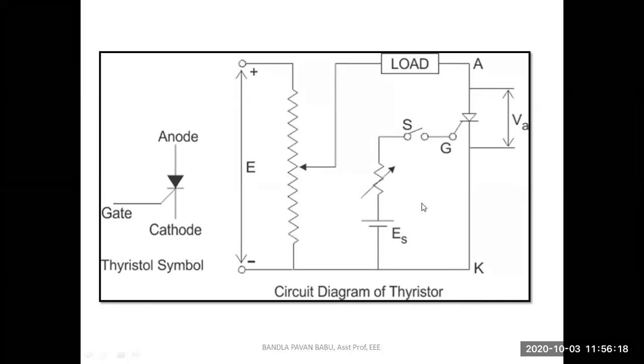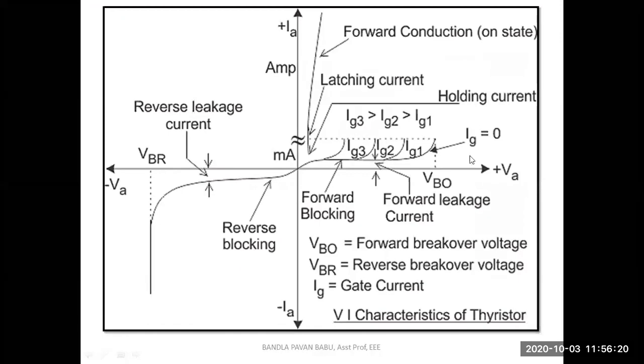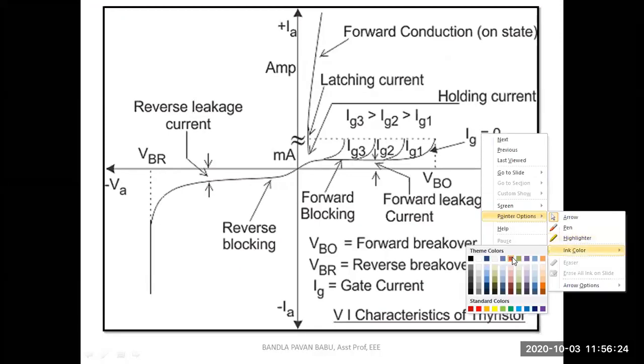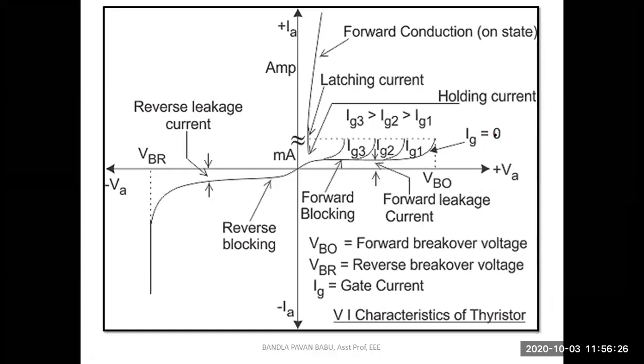If IG is equal to 0, it may not reach the completely turned on state. If I keep on increasing the gate current, let it be IG1, IG2, IG3, with IG1 less than IG2 less than IG3.